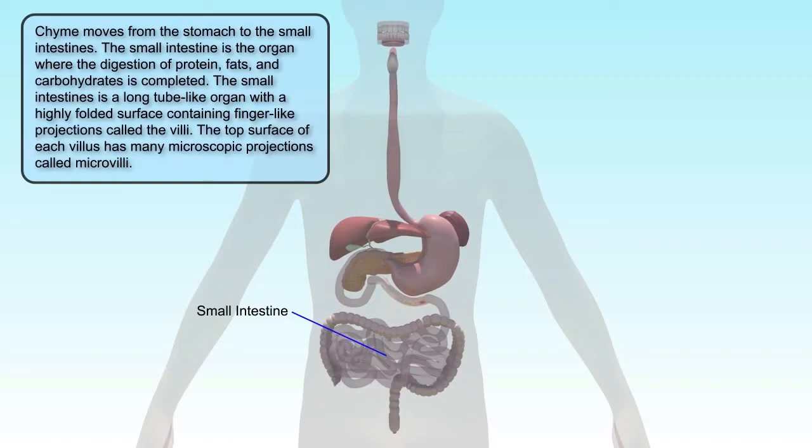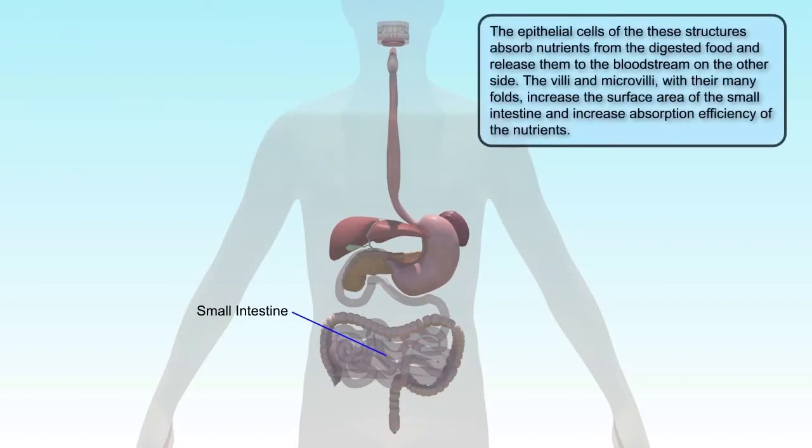The small intestine is a long, tube-like organ with a highly folded surface containing finger-like structures called villi. The epithelial cells of these structures absorb nutrients from the digested food and release them to the bloodstream on the other side.